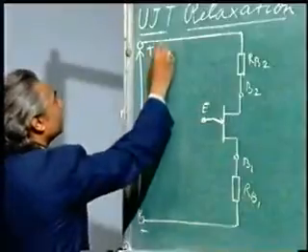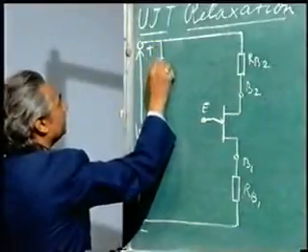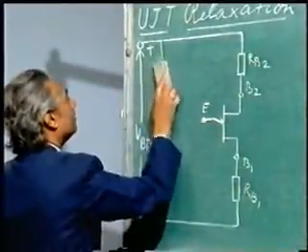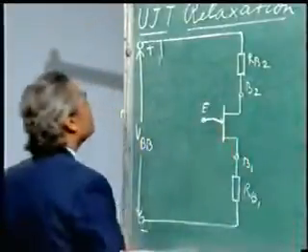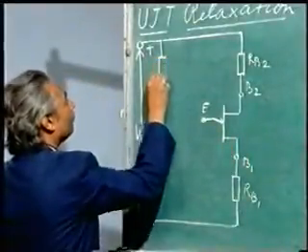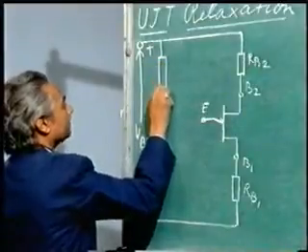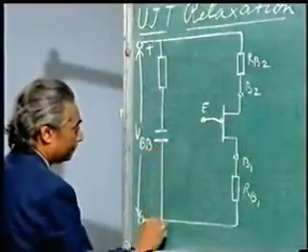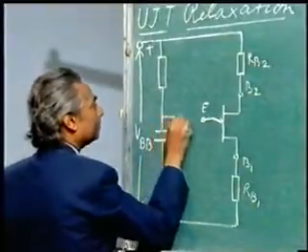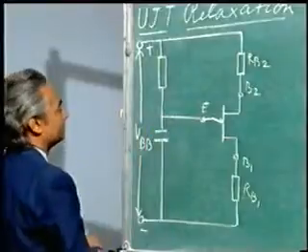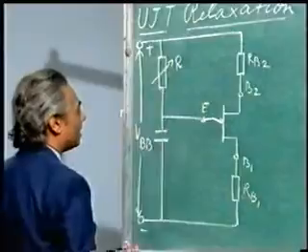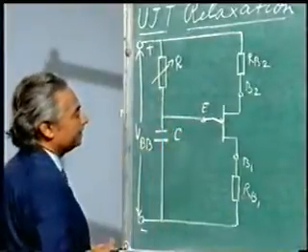Now suppose I connect a resistance here, like this, and also a capacitor, and I connect this terminal here like this. This is say a variable resistor R, and this is capacitor C.